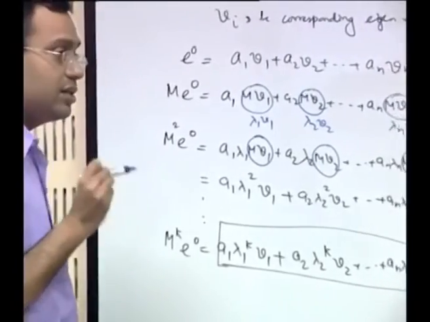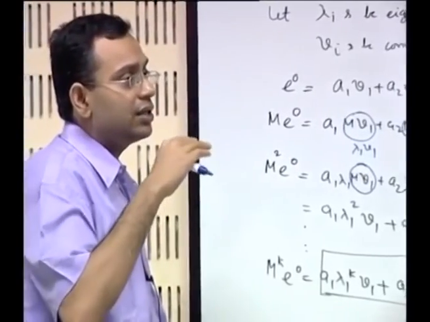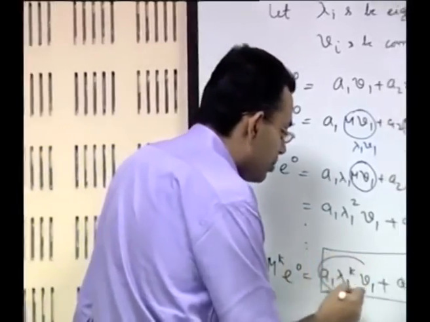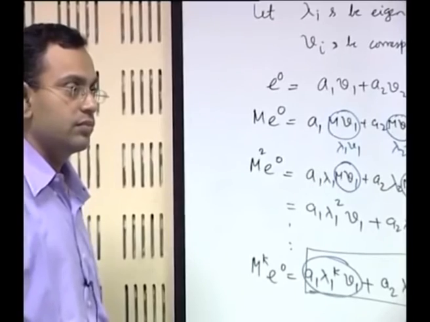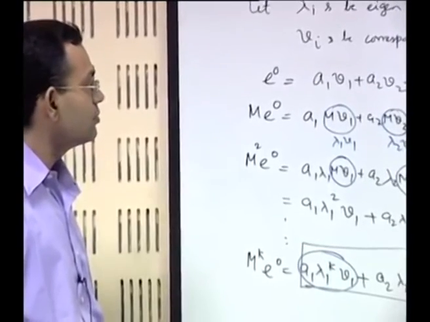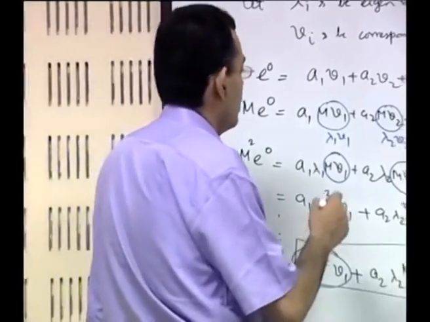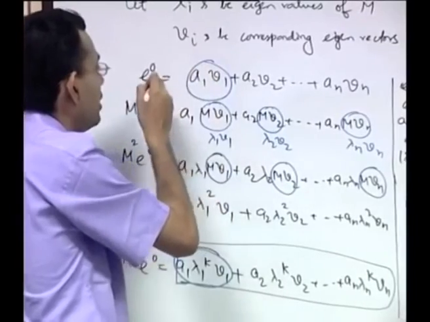See, lambda 1 is the maximum eigenvalue and you are raising it to the power k where k is large. So the first term will be the leading order or the dominant term, and that you can compare with the leading order term or the dominant term of E0.